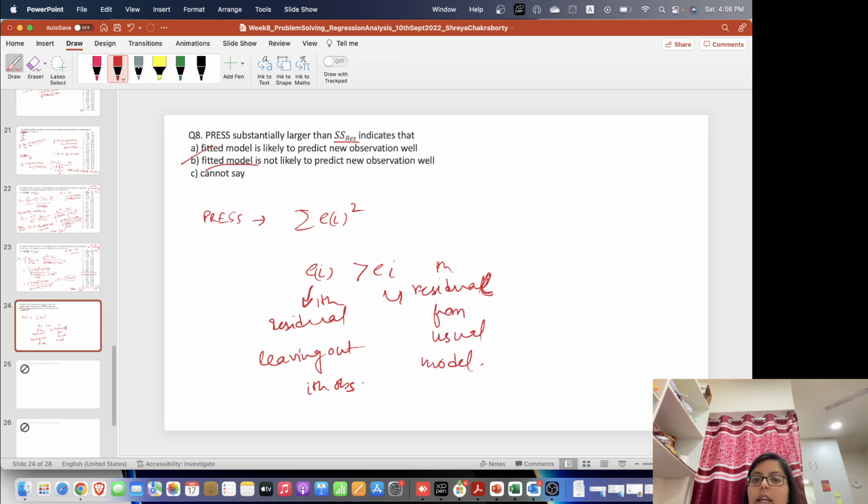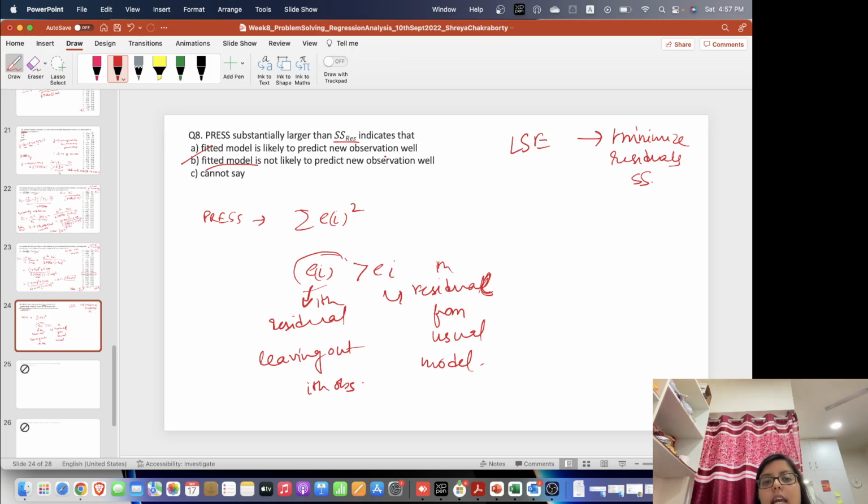So our target, if you remember, for least square error, was to minimize the residual sum of squares. So if we are unable to do that, then this thing will be larger than ei, like leaving out the ith observation is causing a lot of difference in the residuals.